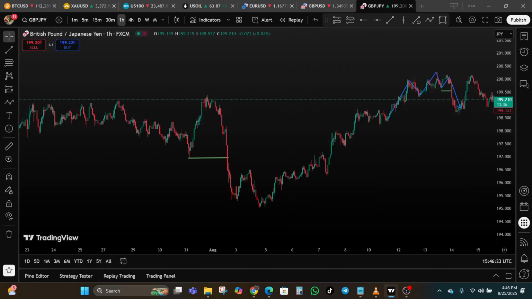Now let us talk about how to easily identify a fake change of character. The first step is to look at the higher time frame structure.